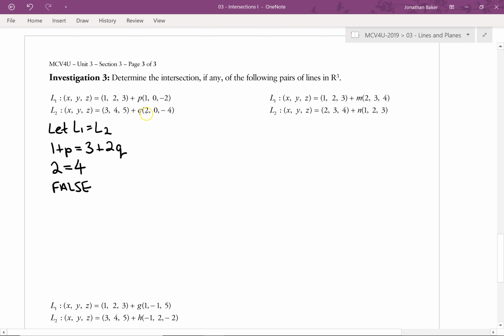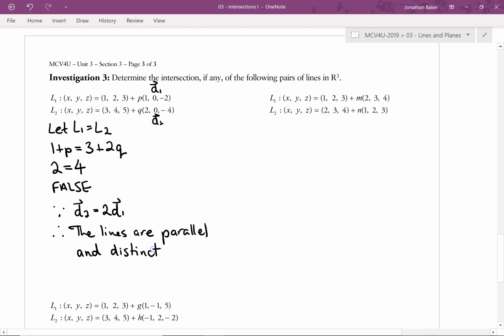Well, here we have 2, 0, negative 4, which is really just double this one. So if we called this one D1 and this one D2, we could say since D2 is really just 2 times D1, therefore the lines are not skew, they are parallel and distinct.